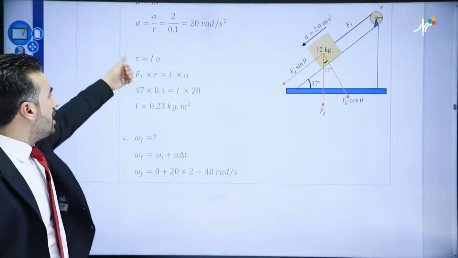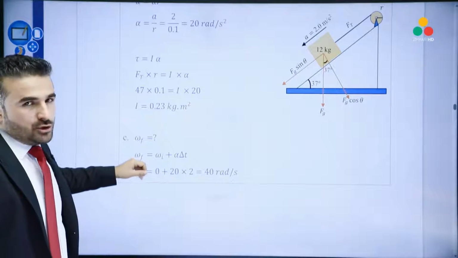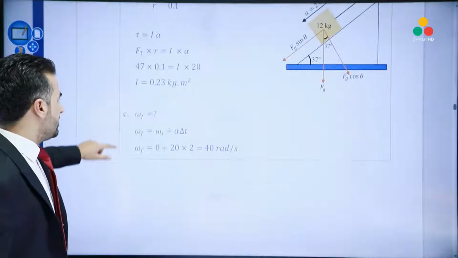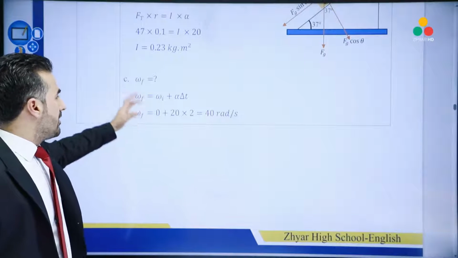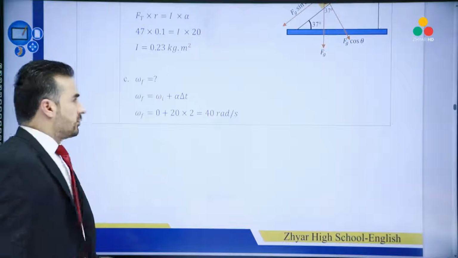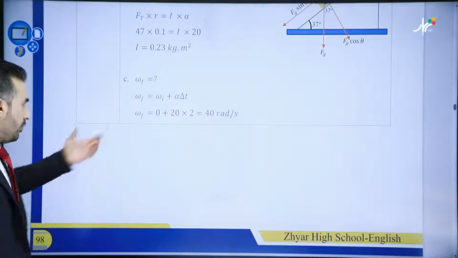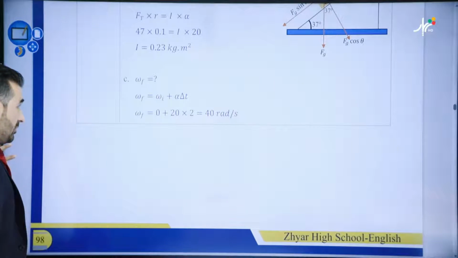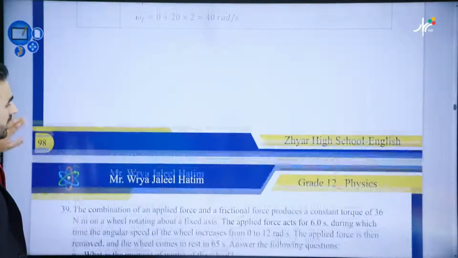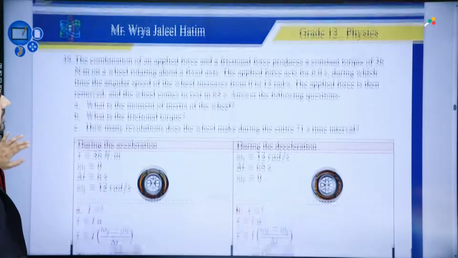And then we found the moment of inertia, which was 0.235. I took 3 digits. And then to find the omega final, of course, that was 40 radian per second. Or we use this equation, Newton's 4 equations of motion, the first one based on my arrangement.